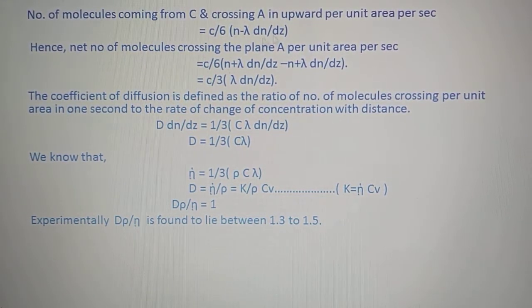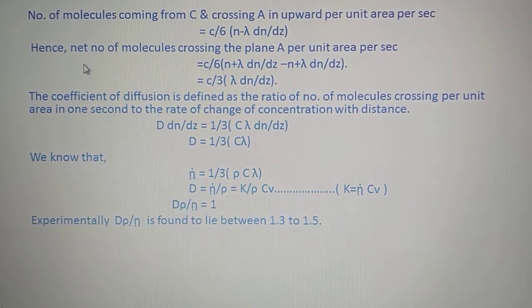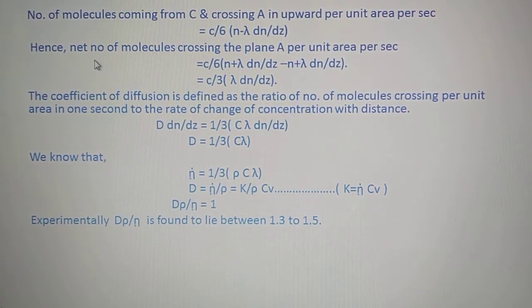So this is the concentration of layer C, and hence we can say the net number of molecules crossing plane A, the middle layer, per unit area per unit time will be equal to the subtraction between the above two.